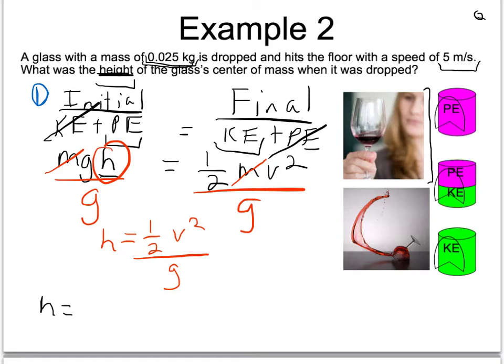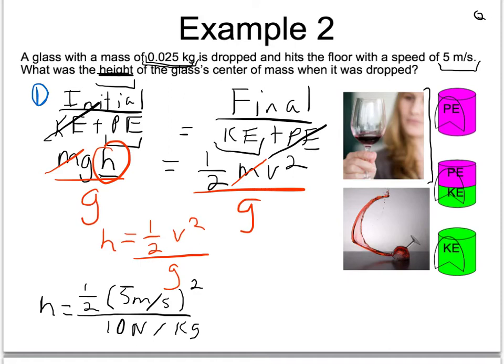Solving for the height, I'll just plug in the numbers. 1/2 velocity, 5 meters per second, squared, divided by g, which is gravity, so let's say about 10 newtons per kilogram.